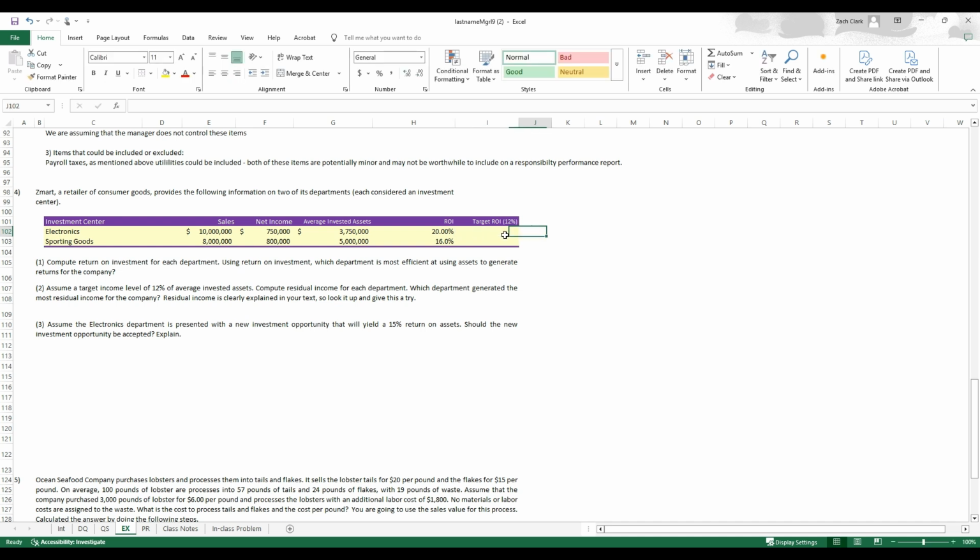Let's think about this. So we have the same average invested assets. We're basically solving for X, like a little bit of an algebra problem here. This is kind of my notes off to the side.